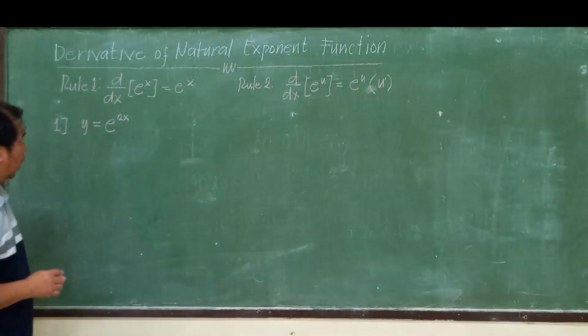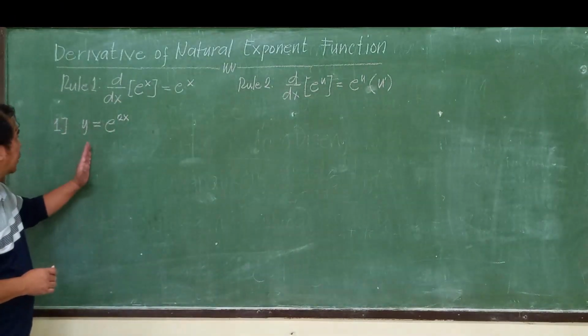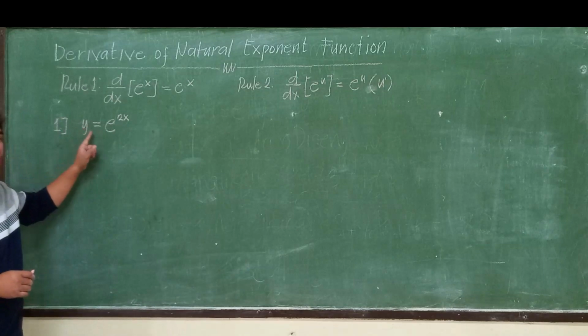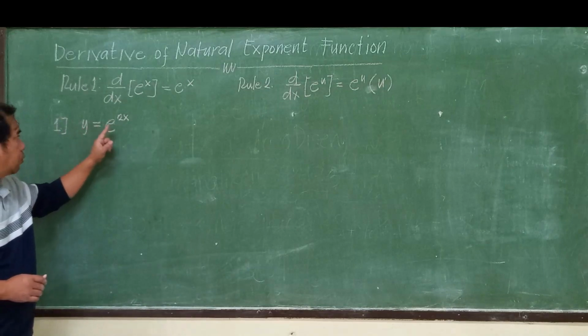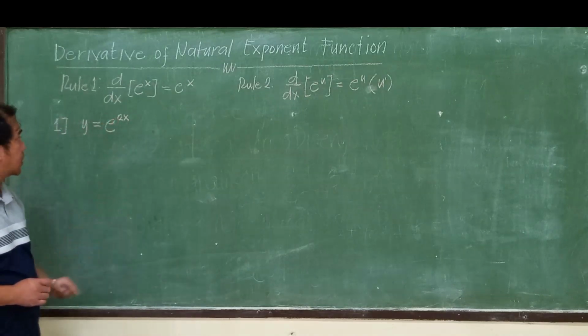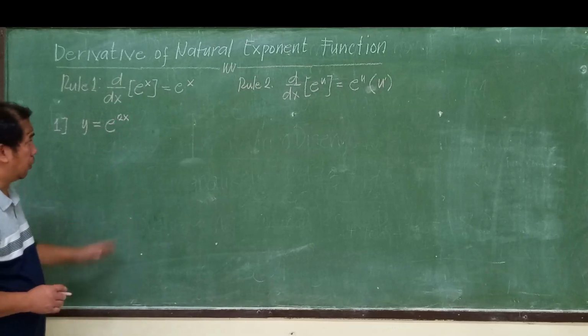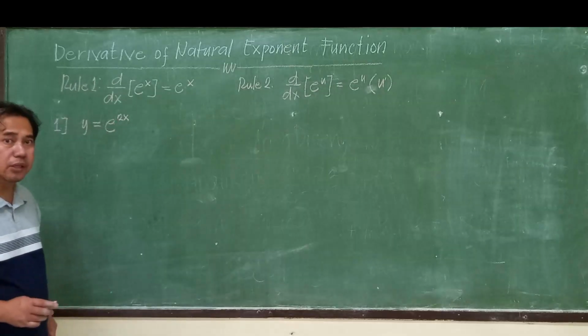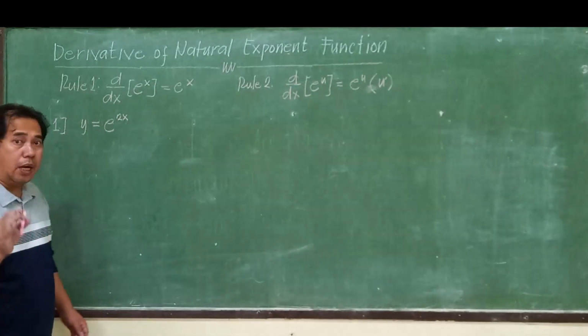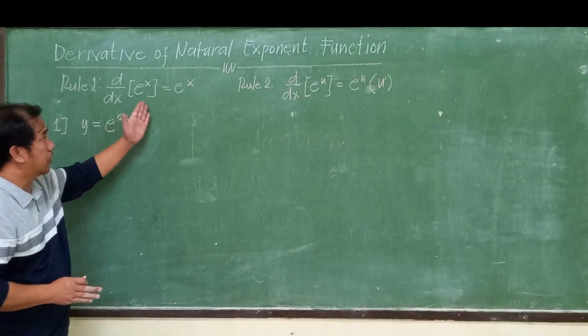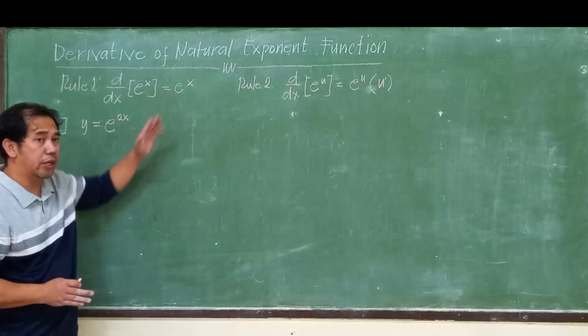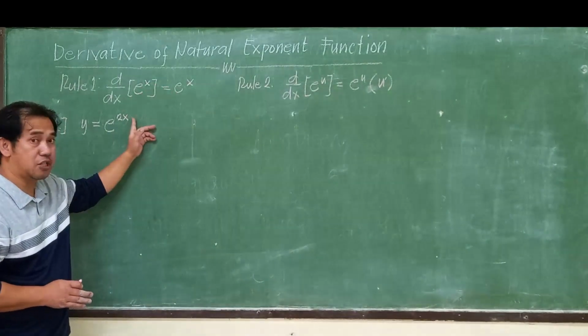In our number 1, your function is y is equal to e raised to 2x. Before we calculate this one, we have to identify the value of u. Again, the value of u in a natural exponential is always the exponent.